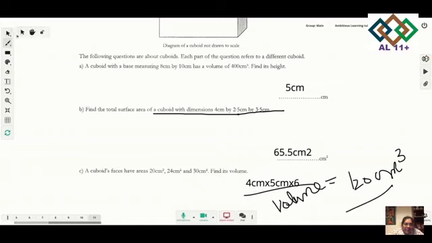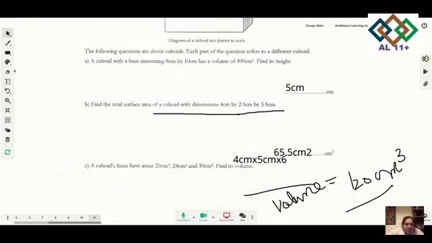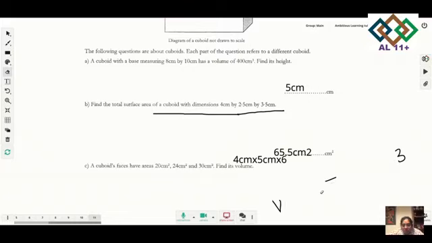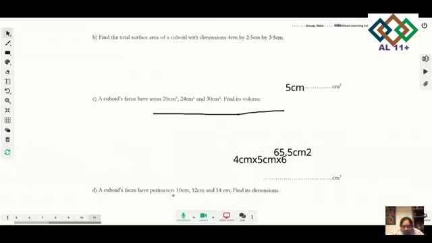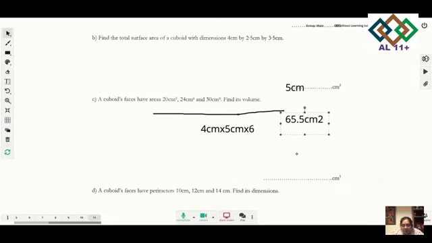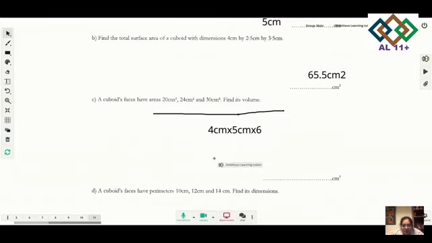That's this. And now the last part of this paper is what they're asking you. Then we are done with this paper. That's the answer for part B. And the last part, what they're asking you: a cuboid whose faces have perimeters of 10 centimeters, 12 centimeters, and 14 centimeters.